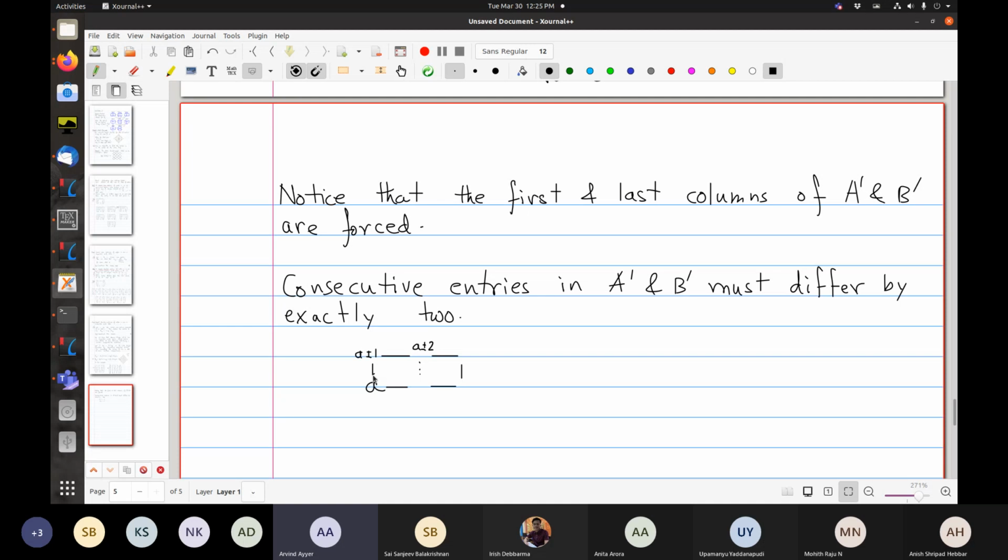Why is that? Well, if this square is white, then these are increasing consecutively. Otherwise, these are decreasing consecutively. So then this will be A. If this is black, it's A minus 1, A minus 1, A minus 2. And so if you compare these two, they differ by exactly 2.